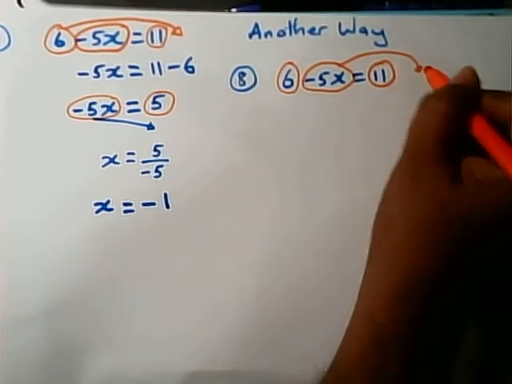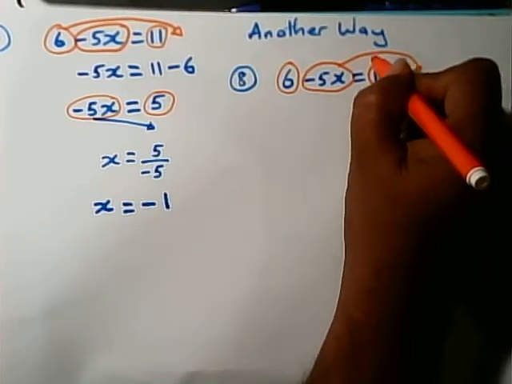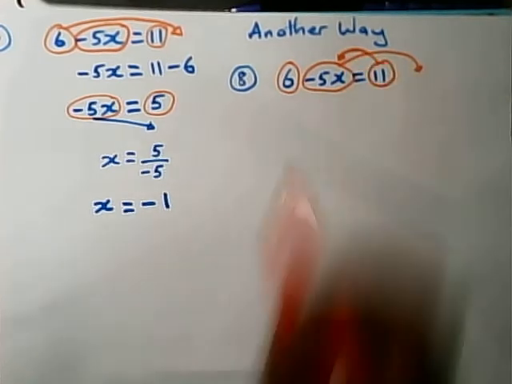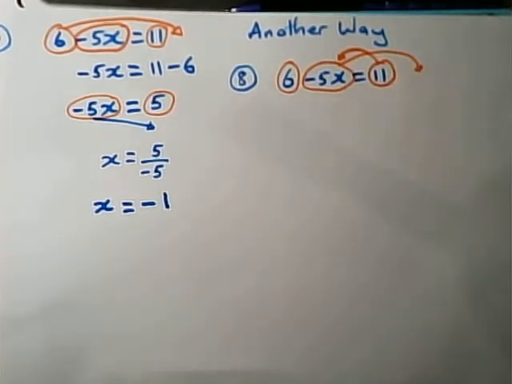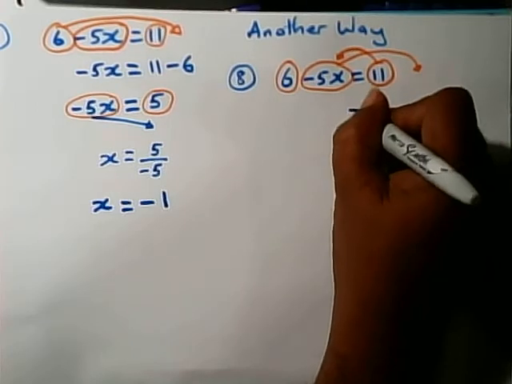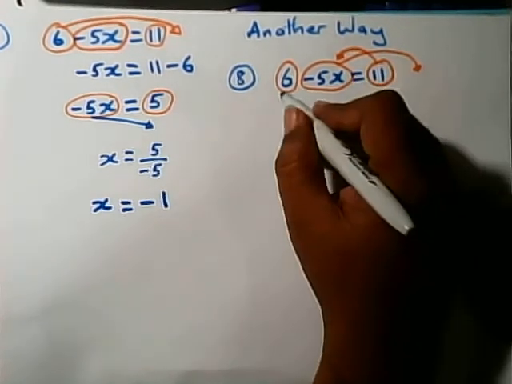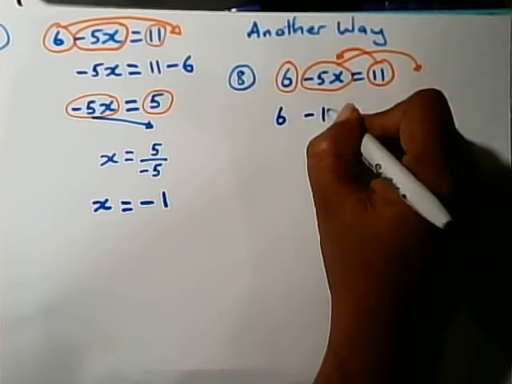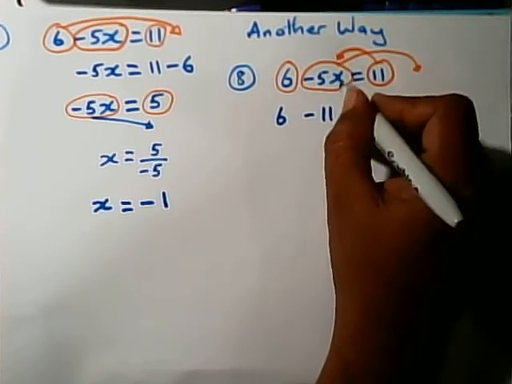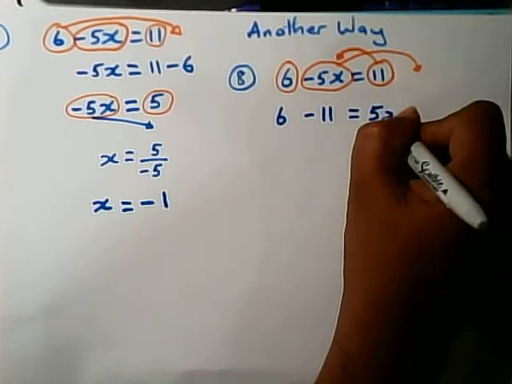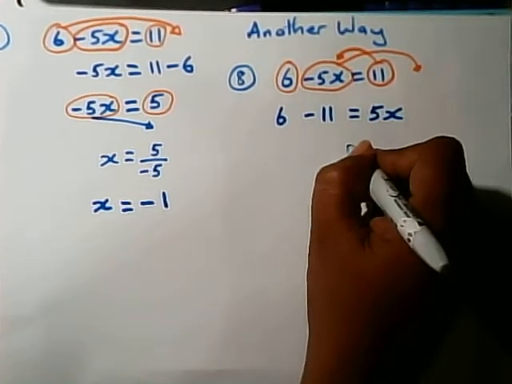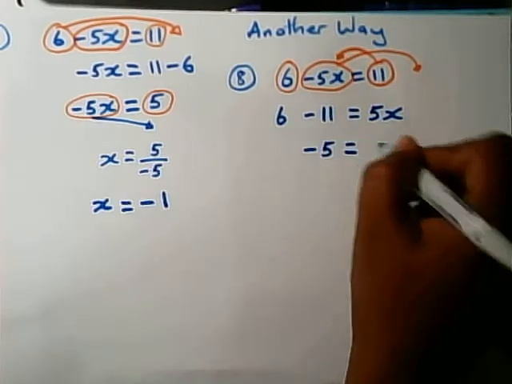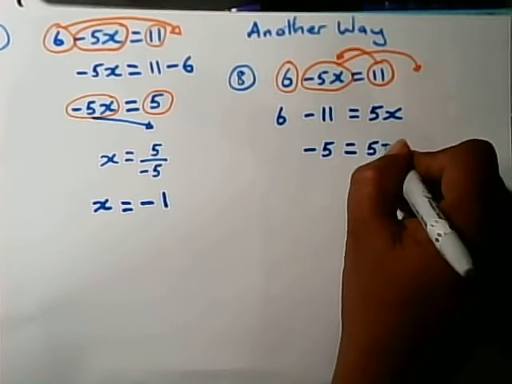We could have done this and taken the 11 carried here. We'll end up with the 6 still here. The 11 now changed to a negative 11. And the negative 5x now changed to a positive 5x. 6 take away 11 would be minus 5. 5x here.